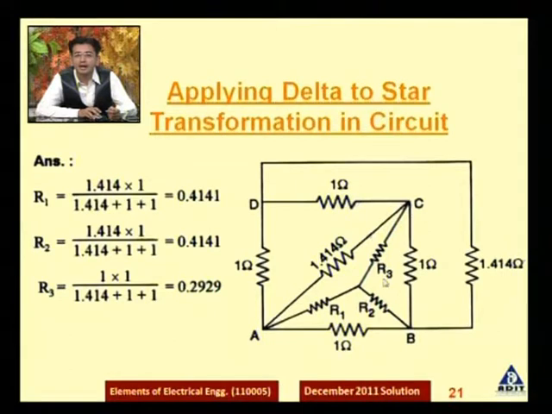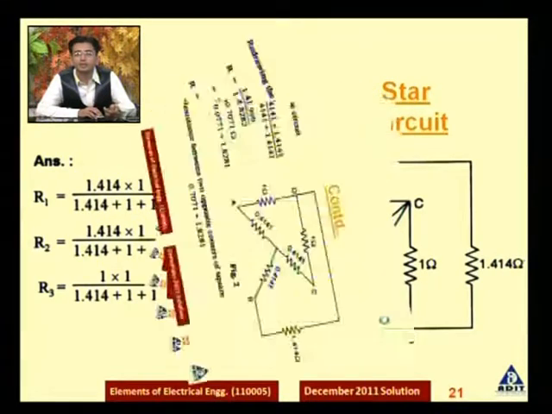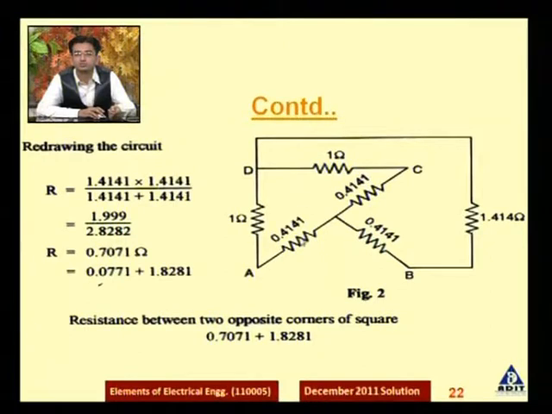Same way for R3, which has the same values: 1 into 1 divided by 1.414 plus 1 plus 1. So it will be 0.299. So you have the three values R1, R2 and R3. Implementing this in your circuit, it will look like this. Putting in the values, you will get the equivalent resistance.